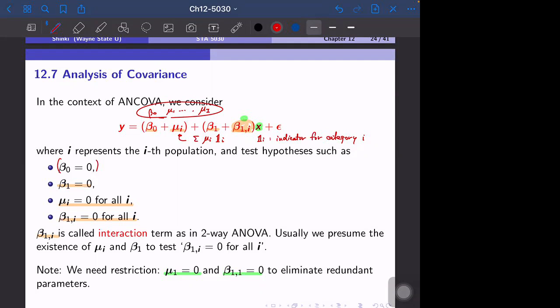So usually we have to set one parameter equal to 0. That means we assume either mu 1 is equal to 0, or sometimes the summation of mu i is equal to 0. The same thing for beta 1: we can either set beta 11 equal to 0, or the summation of beta 1i over i equal to 0. So we need some restrictions.